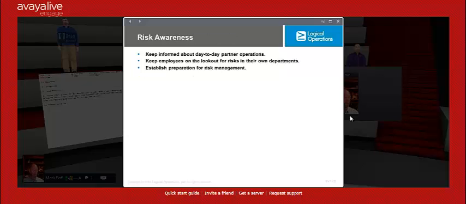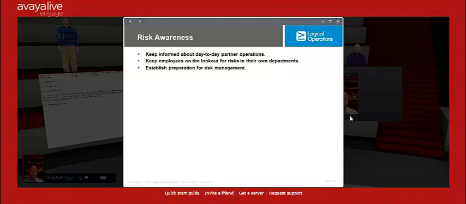Risk awareness. Okay. One of the prime movers in any kind of business relationship is your ability to manage risk. And we'll talk about that in the next chapter. But this is sort of an ongoing, continuous operation issue. You need to keep on top of your day-to-day operations, and your risk potentially changes on a daily basis.